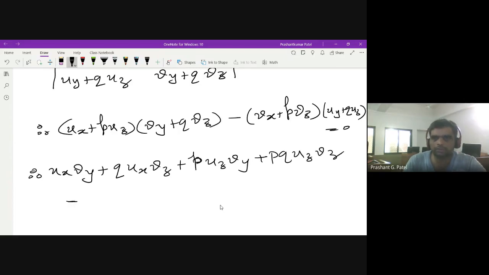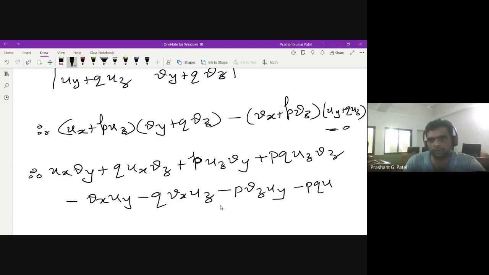Now all the terms which have negative sign because of this negative will give you vx uy minus q into vx uz minus p into vz uy minus pq into uz vz equal to 0. And you just observe that this quantity will get cancelled out.